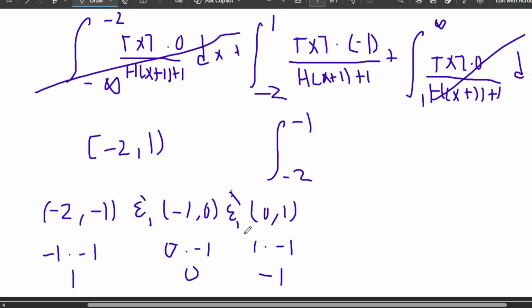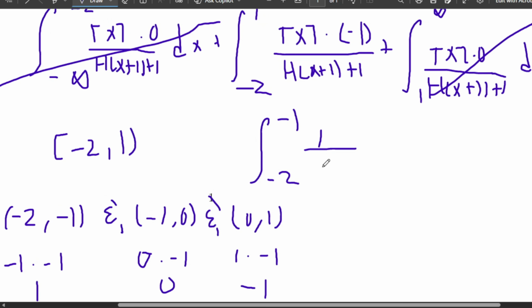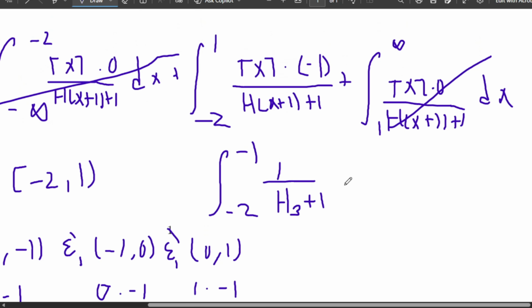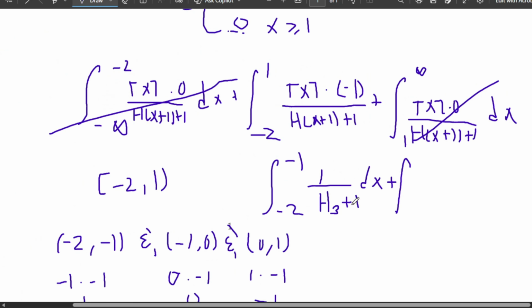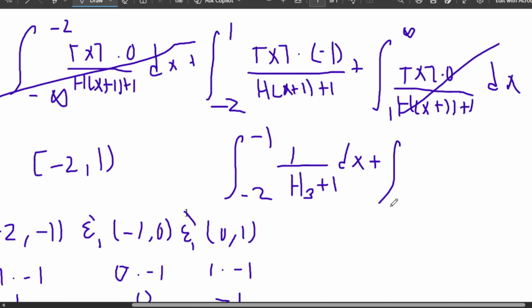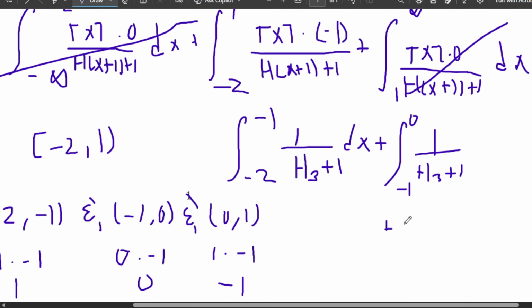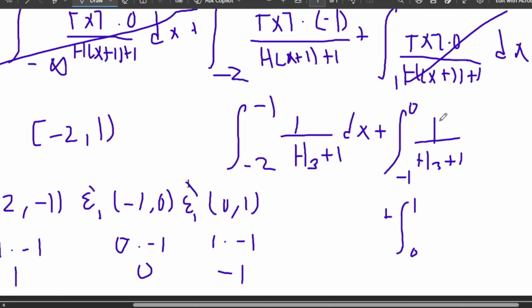Our ceiling would be negative 1, so this will be 1 over our denominator, let's call it h3, plus 1, and then add the integral from negative 1 to 0 of 1 over h3 plus 1, and then the integral from 0 to 1 of negative 1 over h3 plus 1 dx.